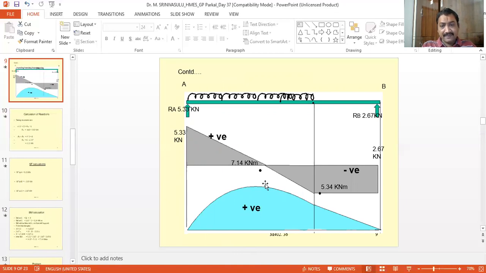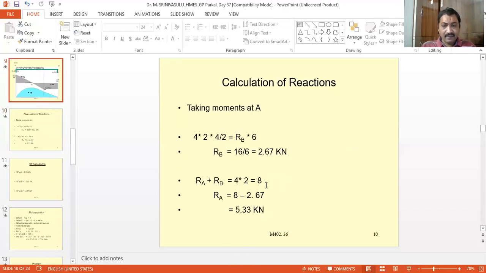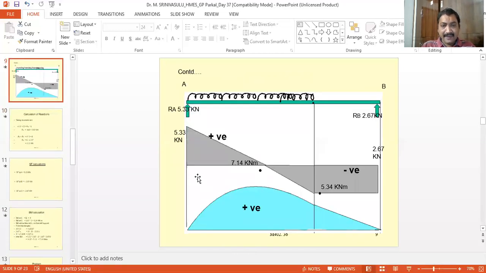So we have to find out this distance. How to find out? Now we know, very simple, the bending moment at the end supports, at A and at B, is equal to 0. So we only have to find out the bending moment at point C and at point D.